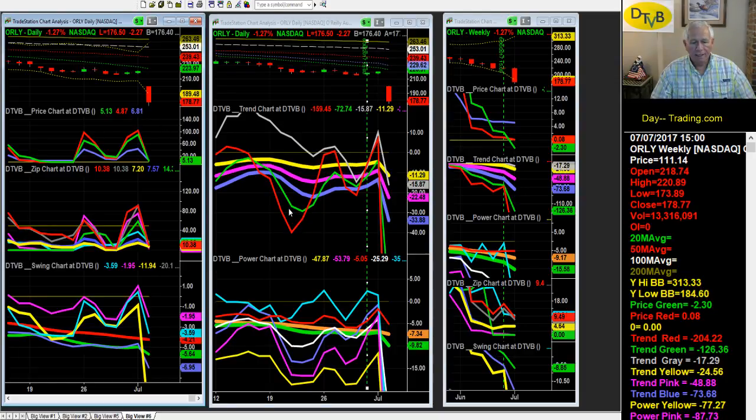And so on the vertical green line that we see over here on the price, zip, and swing charts, this day on the vertical green line would be July 3rd, 2017, and we have a low angle up, as I mentioned.